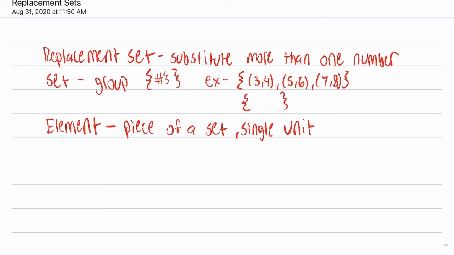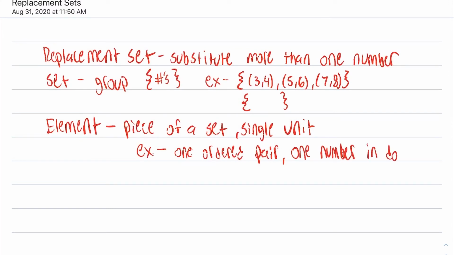Above it was one ordered pair, or one number in the domain or the range.